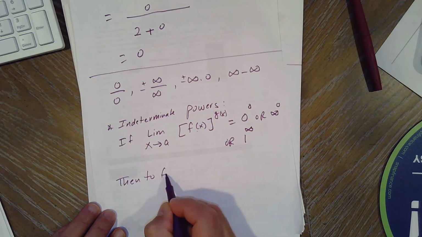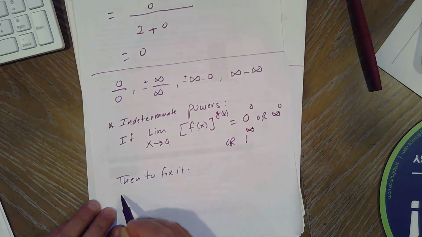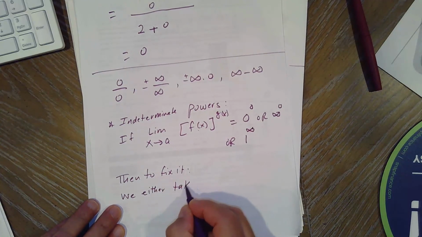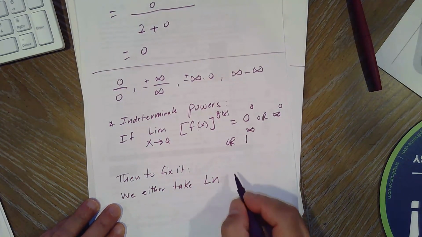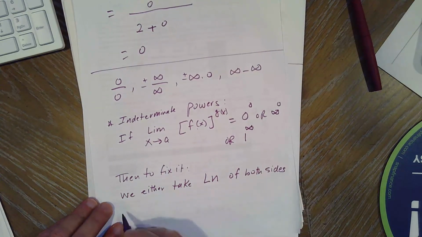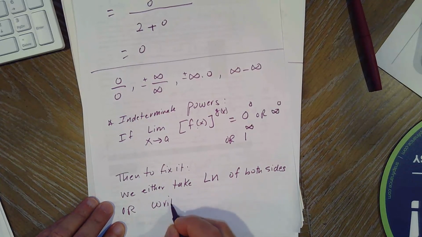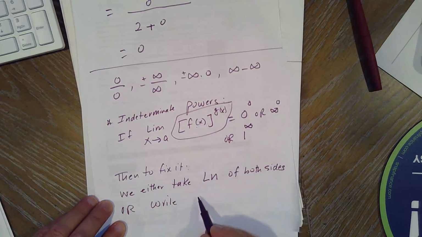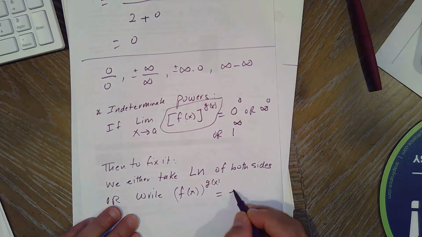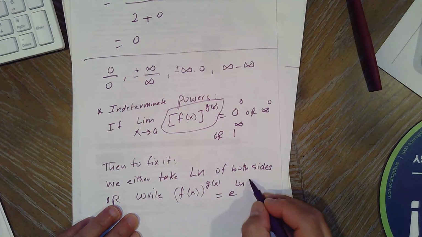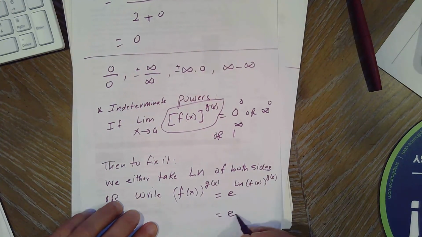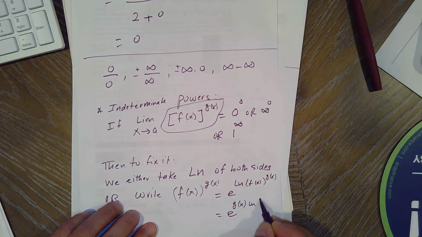To fix it, we either take the ln, remember, ln of both sides, or sometimes write that expression, f of x to the power g of x, as e to the ln of f of x to the g of x, which would be e to the g of x ln of f of x.